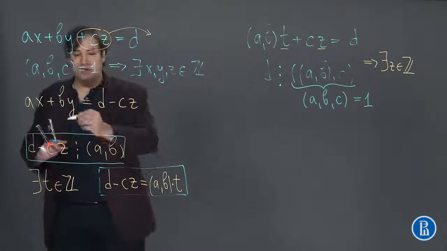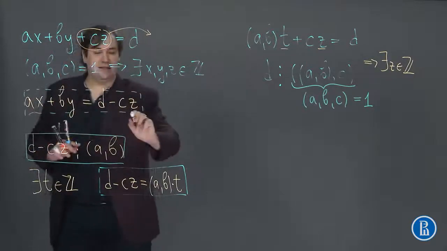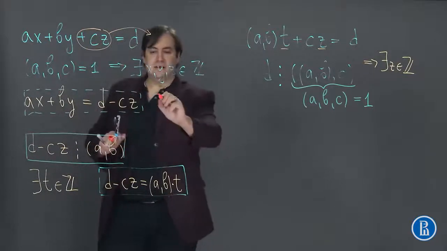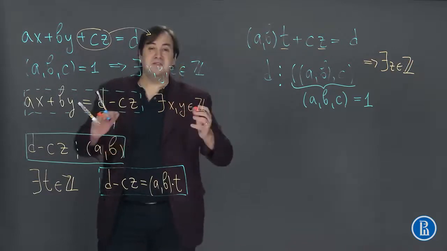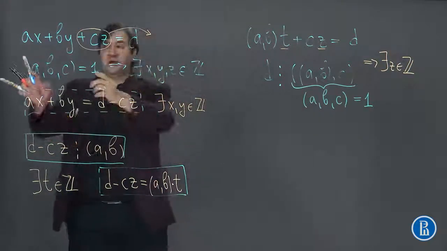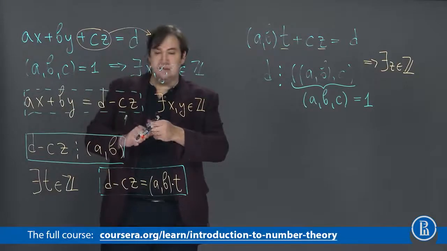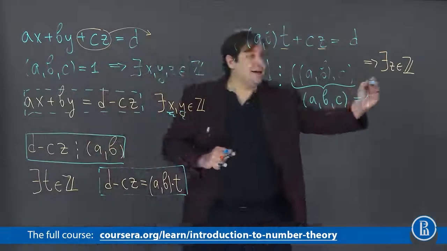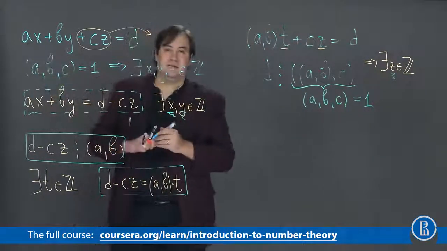Therefore, this equation has an integer solution, and we can say that there exist integers x and y, and this finishes our proof that indeed, if the greatest common divisor of a, b, and c is equal to 1, then there exist x, y, and z satisfying this condition.